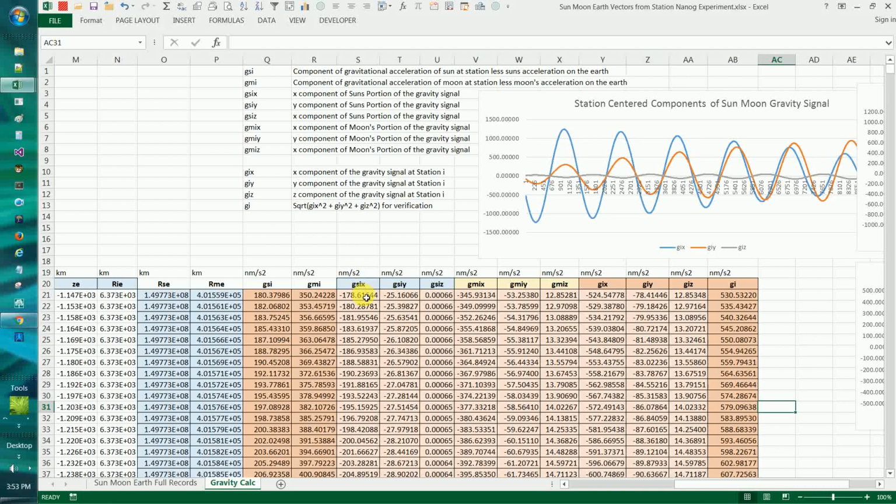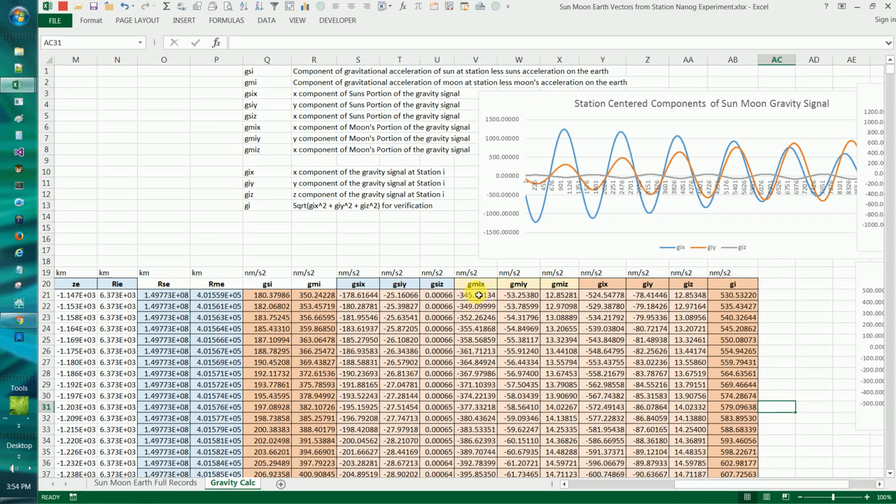And that's the x component of it. This is the y component of the sun's acceleration at the station minus the sun's acceleration at the center of the Earth. So these are the three components of the sun portion of the differential gravity signal at the station.